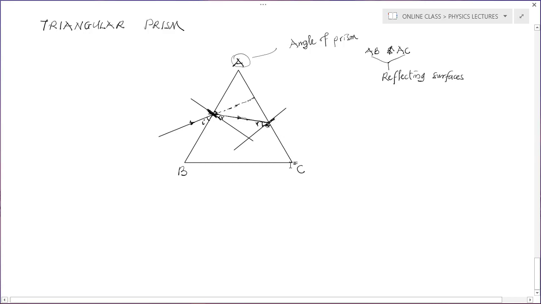Now I want to change it. Let's say here is I1, R1, here is R2, I1, which is R, here is I2, another angle of incidence.